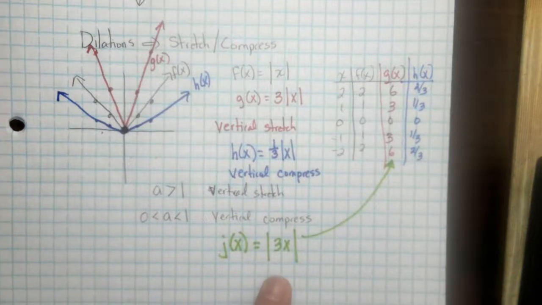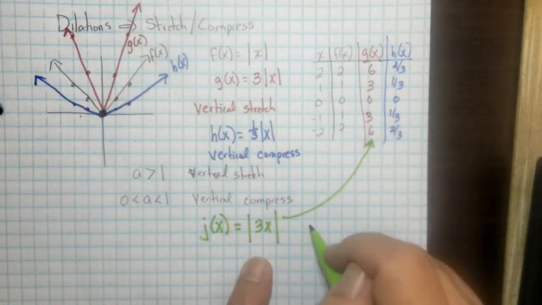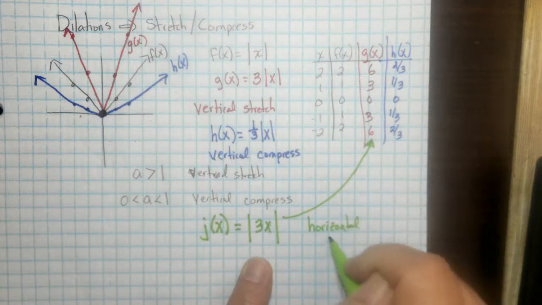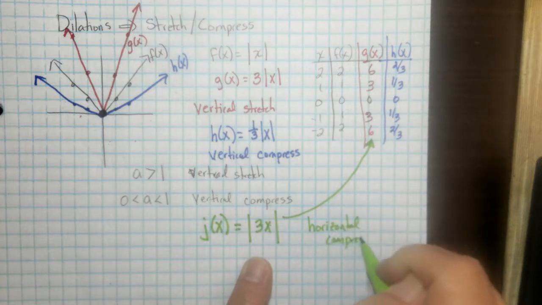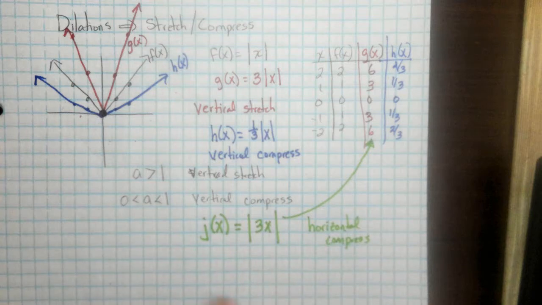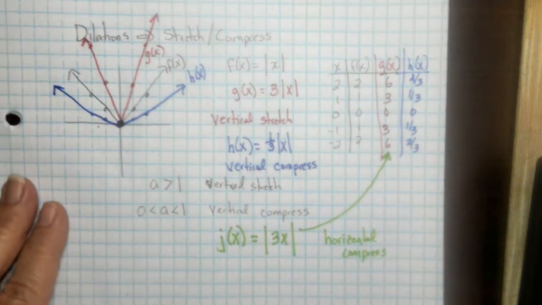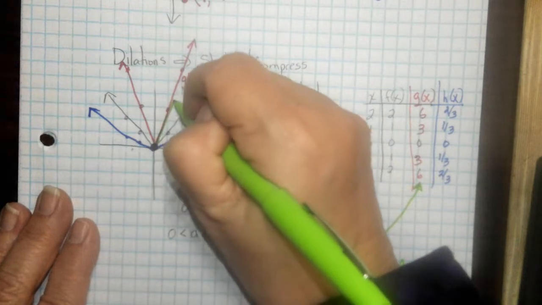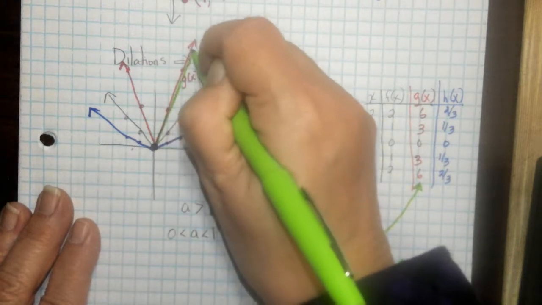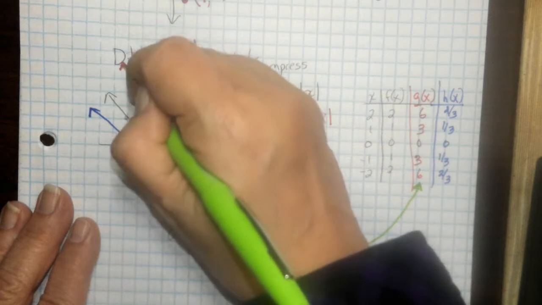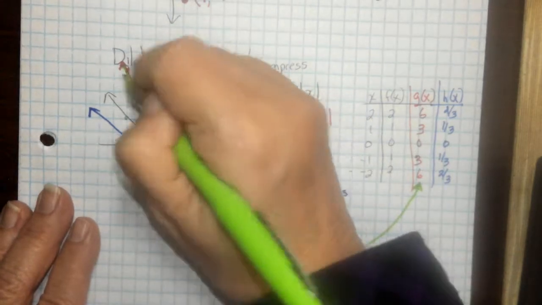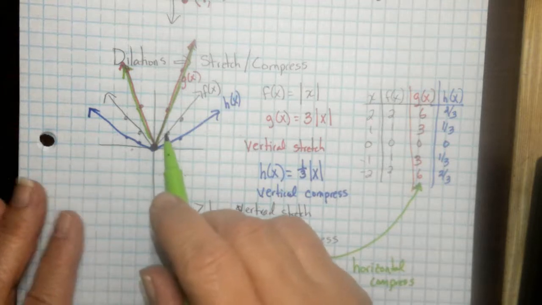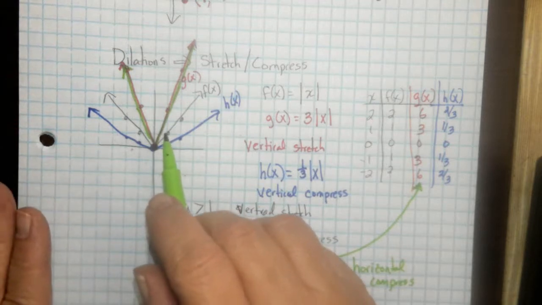So this, though, this is a horizontal compress. All right, so I'm going to make this the same color right here on the side. So I'm looking at this. Let's think about different perspectives.